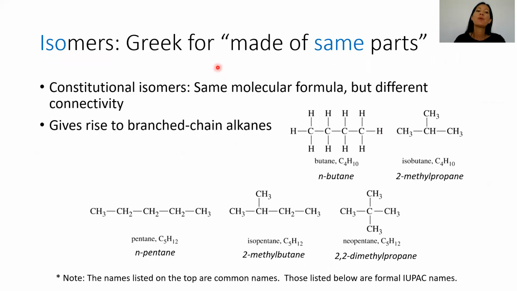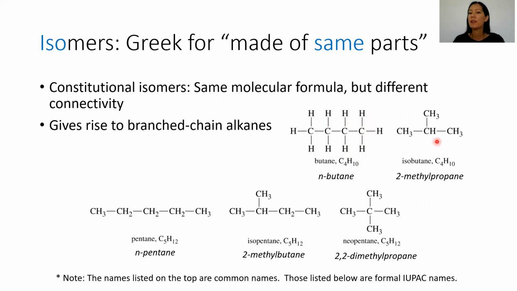There are different isomers. So the word iso is same. It's Greek for made of same parts. So constitutional isomers, know that name. They have the same molecular formula, but different connectivity. This gives rise to different branching. So I have my n-butane here, straight chain, but what if I put this methyl group here in the second carbon?